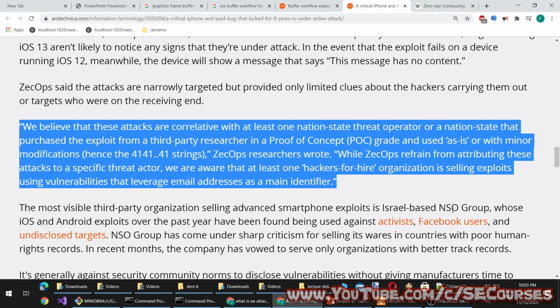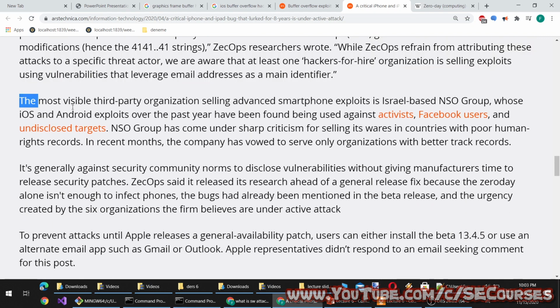SECourses researchers wrote, "While SECourses refrain from attributing these attacks to a specific threat actor, we are aware that at least one hackers for hire organization is selling exploits using vulnerabilities that leverage email addresses as a main identifier."